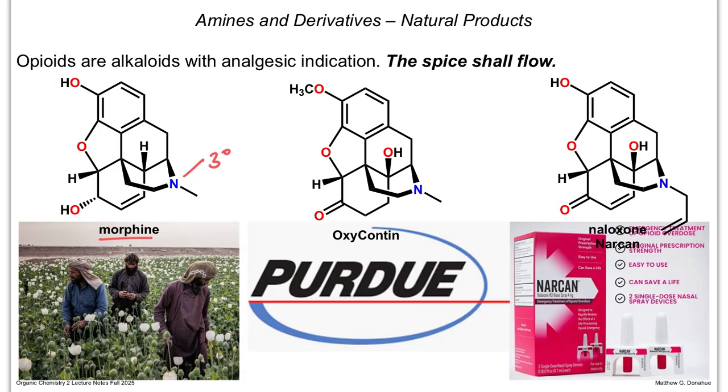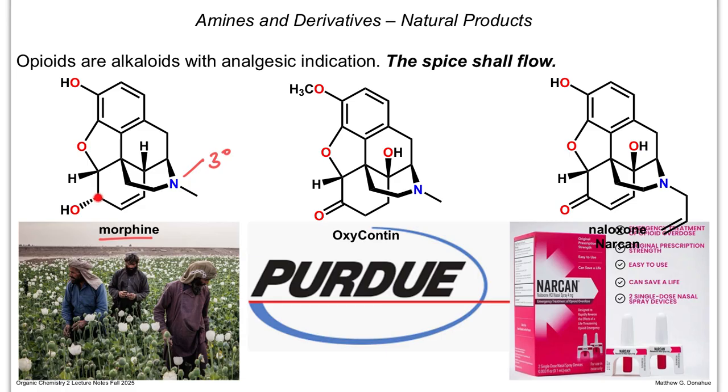So if you look at the difference between OxyContin and morphine, this phenol has been turned into an ether. So that's something that we talked about. This hydrogen has been oxidized, so that carbon is now a tertiary alcohol. So that carbon's up 1 oxidation state.